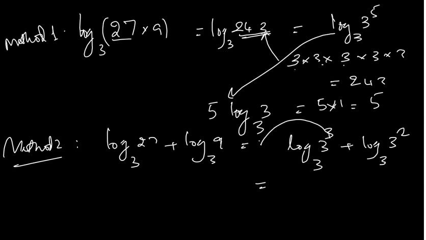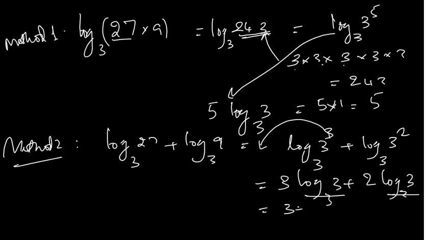So this 3 will come to the front: 3 log 3 to the base 3 plus 2 log 3 to the base 3. This value is 1, therefore I have 3 plus 2, that's equal to 5. See, it's 5, same value.